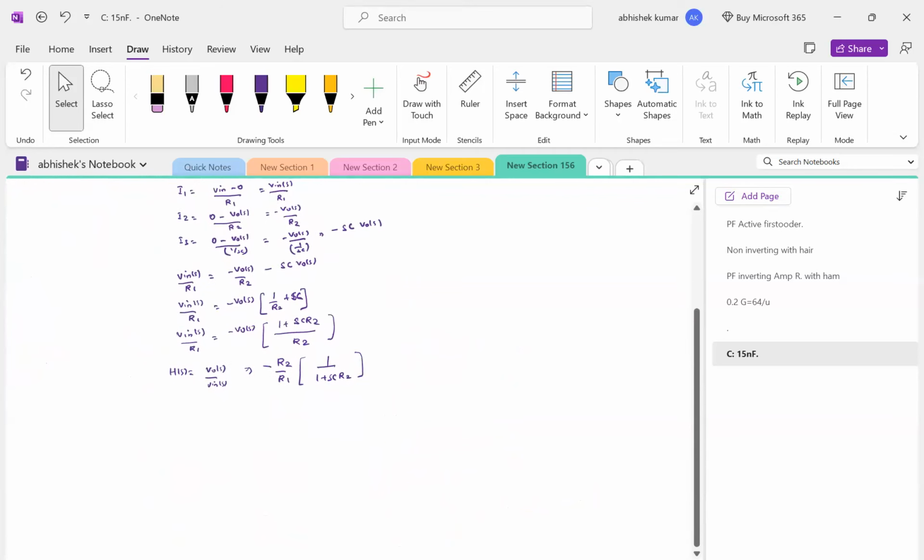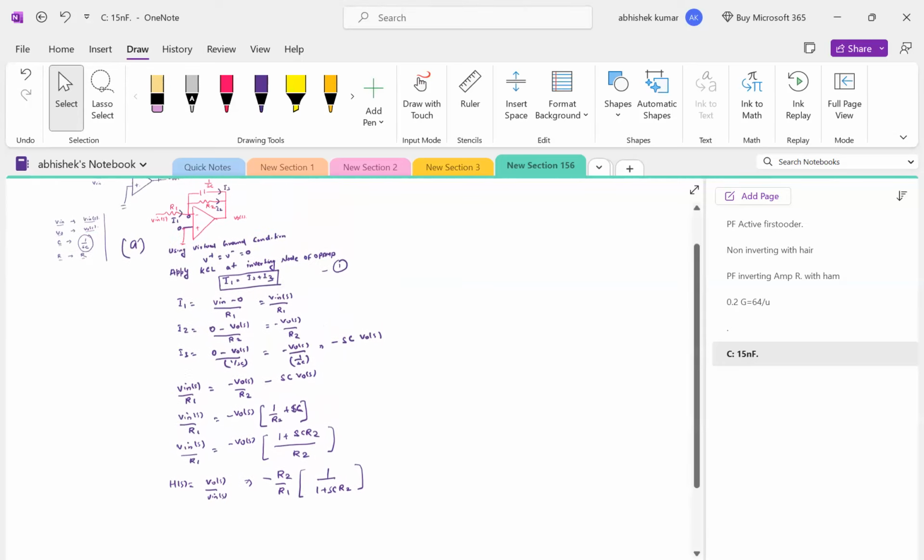See, earlier it was 1 by R2 plus SC, so it will be 1 by 1 plus SC R2 by R2. We have to simplify. That's okay. It's clear, sir.